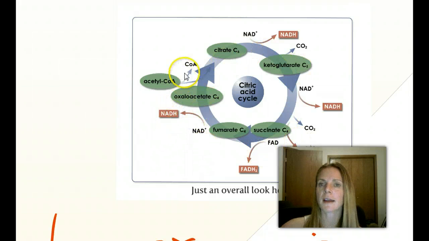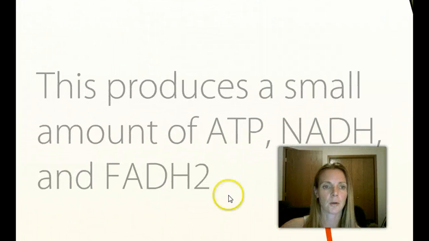So lots of high energy molecules produced in the Krebs cycle. All right, so it produces a small amount of ATP, NADH, which you just saw, and FADH2. These are the high energy molecules that the Krebs cycle gives off, okay, along with CO2.